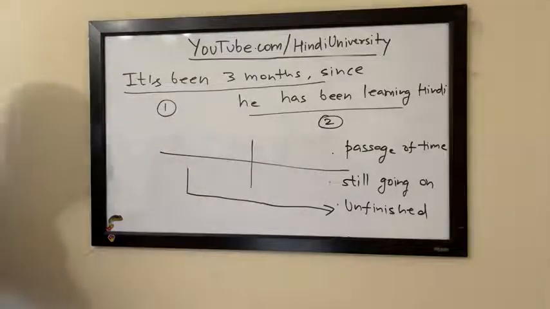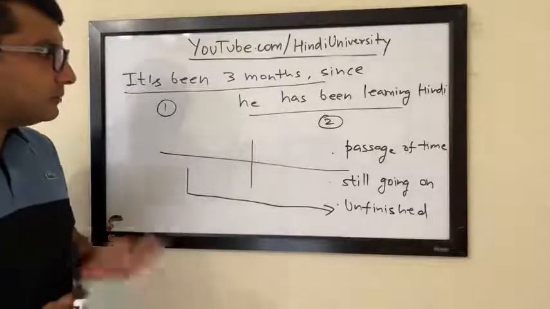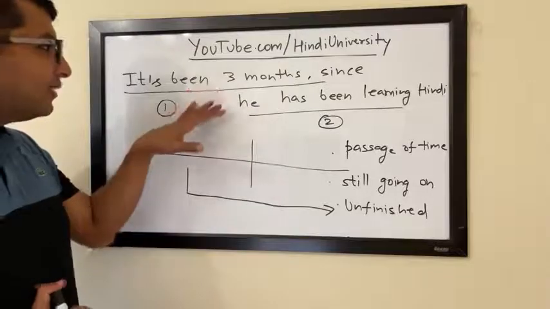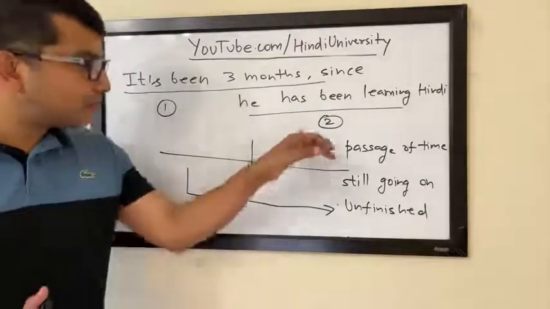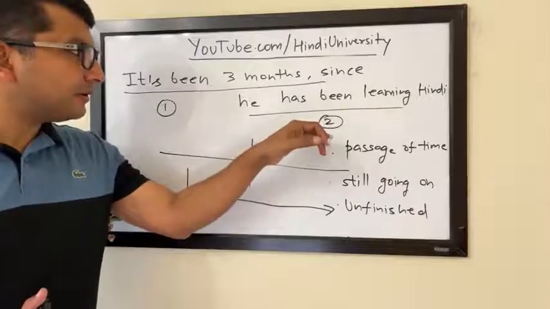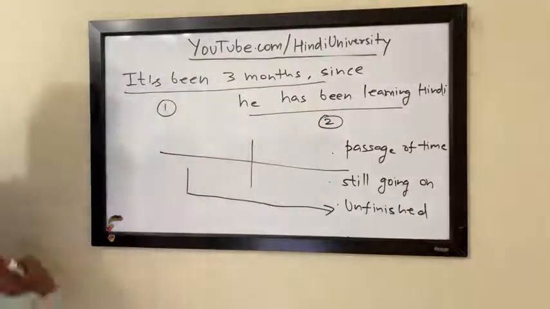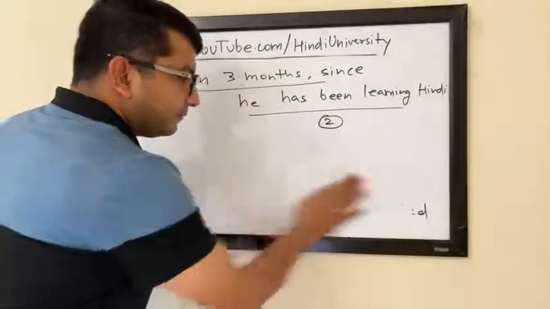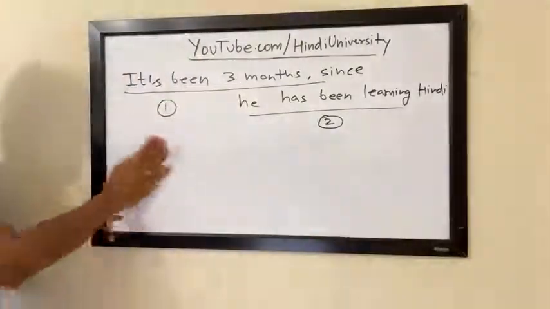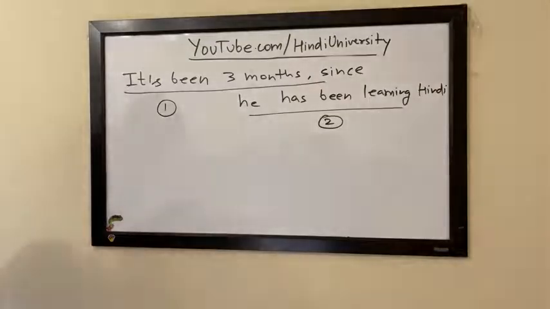Okay, right. Because this is a longer sentence, I'll divide it into two parts, number 1 and number 2. Number 2 is the pattern, number 1 should be easier. Okay, so I'm going to erase it.